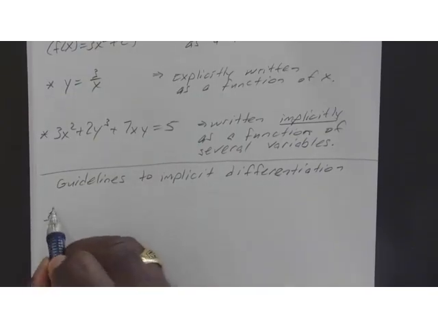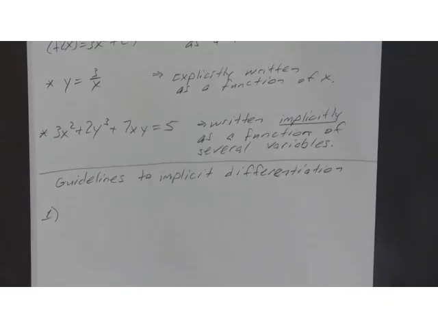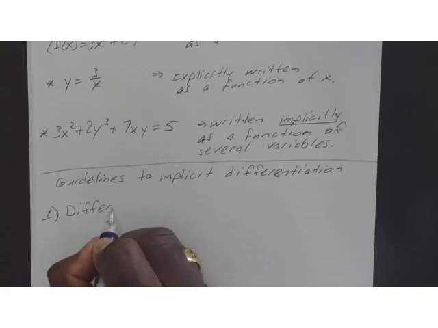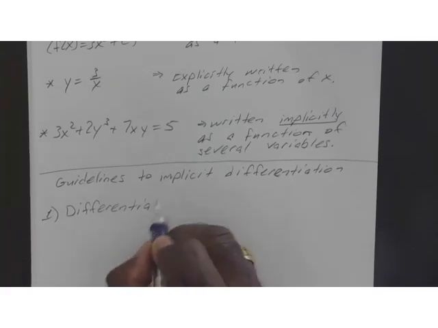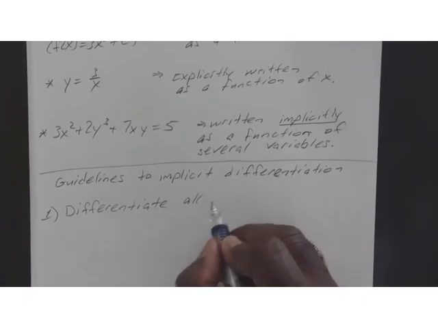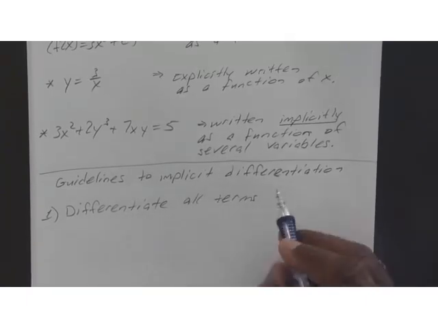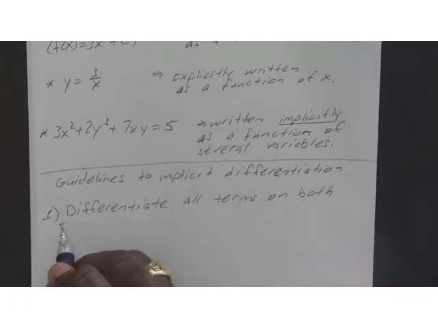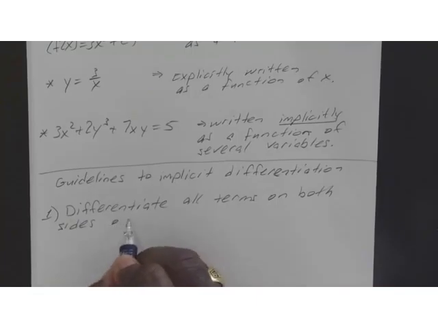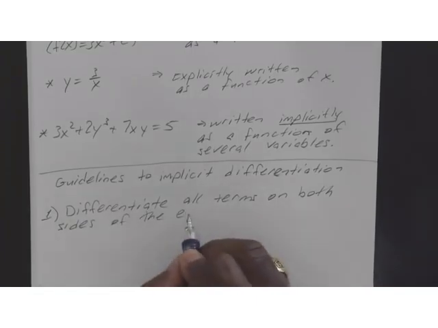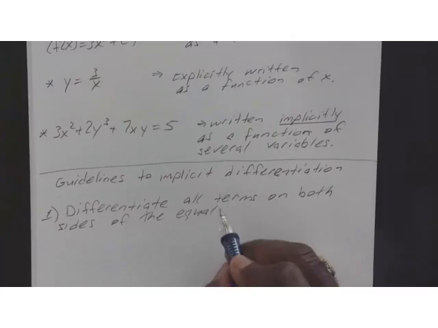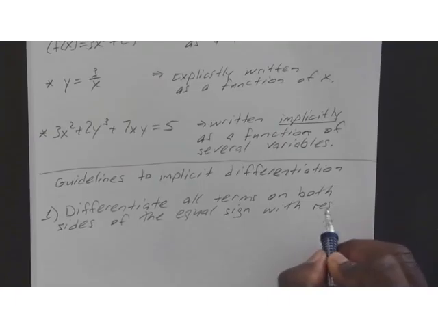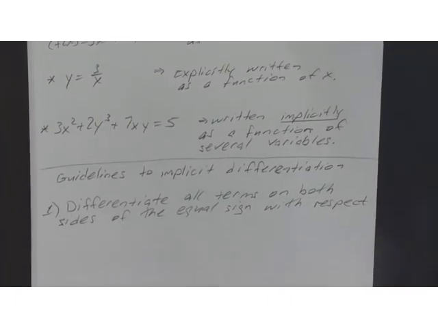Okay. So the first thing you're going to do, you're going to take the derivative of all the terms. So differentiate all terms on both sides of the equal sign with respect to the independent variable.